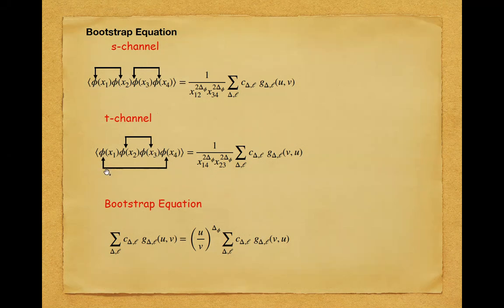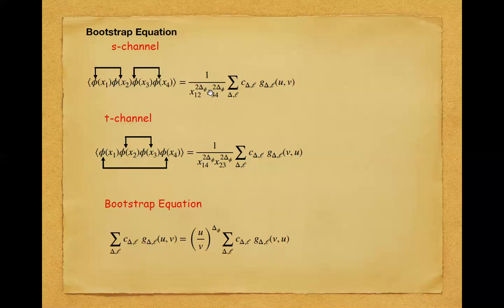It turns out that when you do this, you can expand with the same blocks that appear here. The only difference is that U and V would now be swapped, so it would be V comma U, and the prefactor will change.